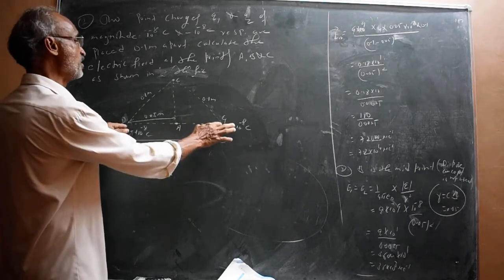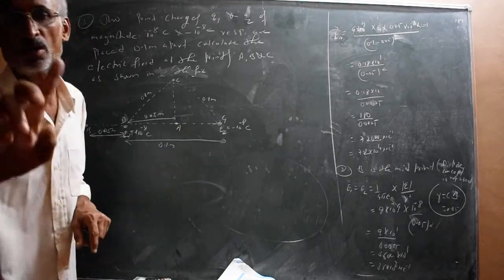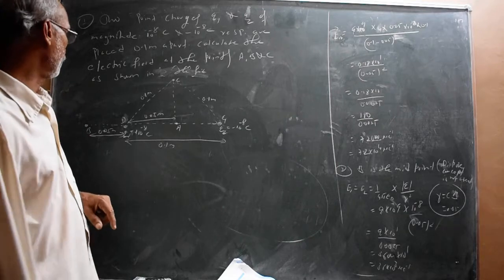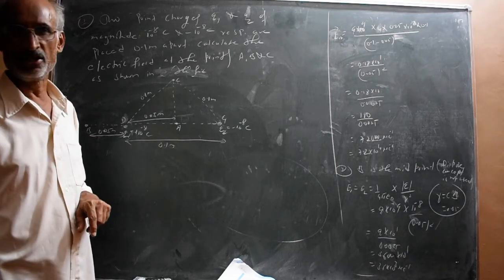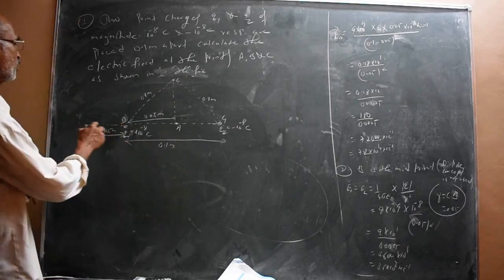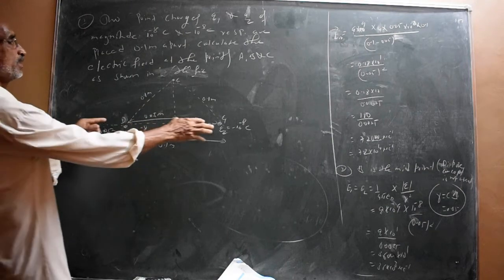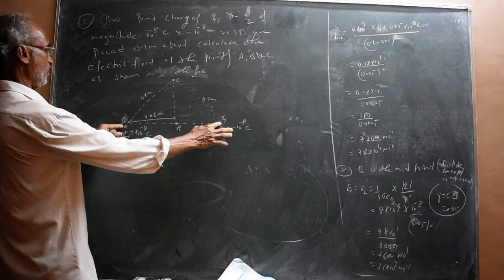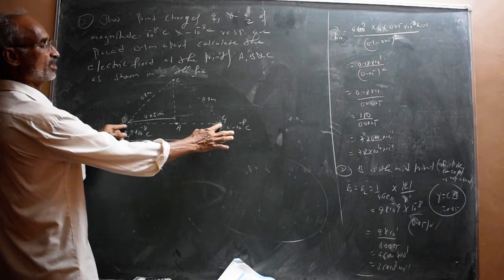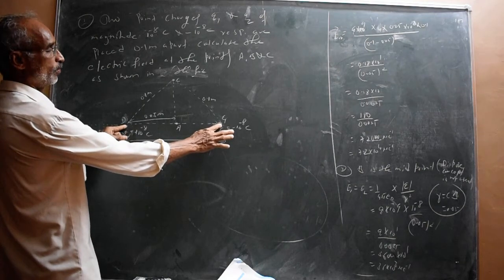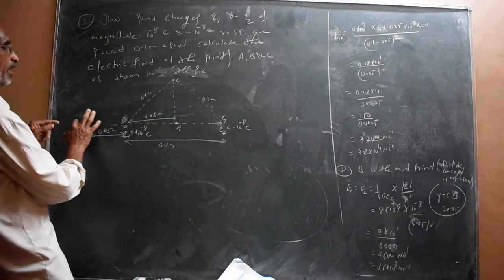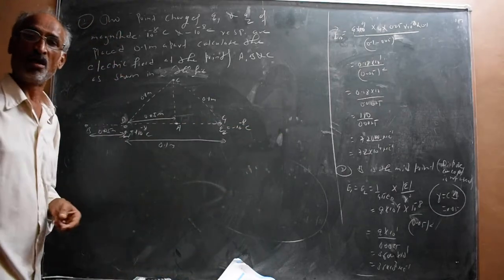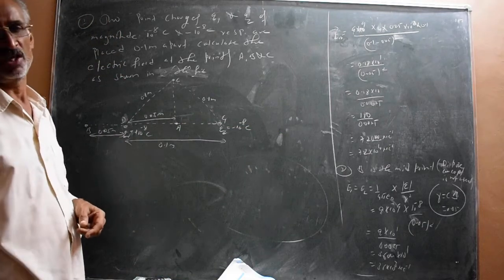So for an internal point between Q1 and Q2, the formula of field at a point on the axial line is not applicable. Only for an external point, where the line of Q1, Q2 is extended on either side, is that formula applicable. The point should not be within Q1, Q2, but on the extended portion of the axial line.